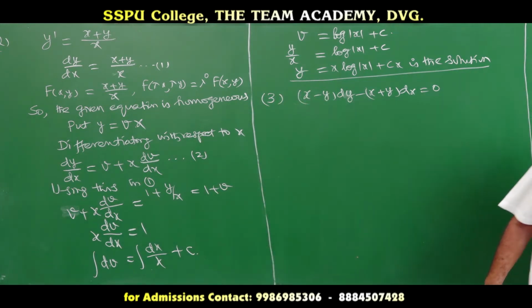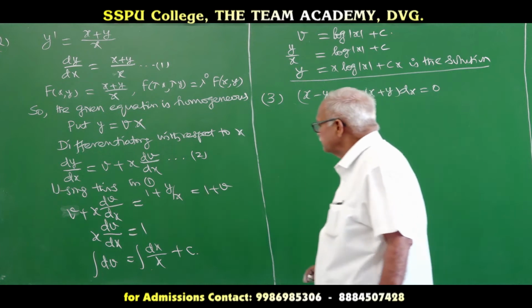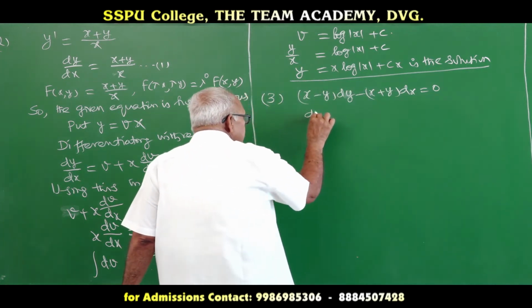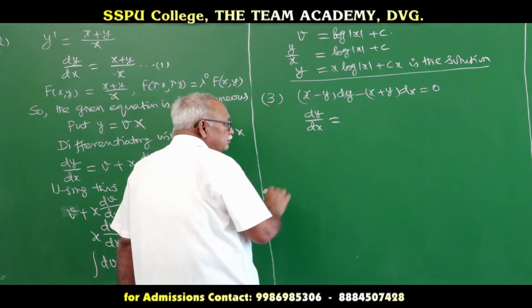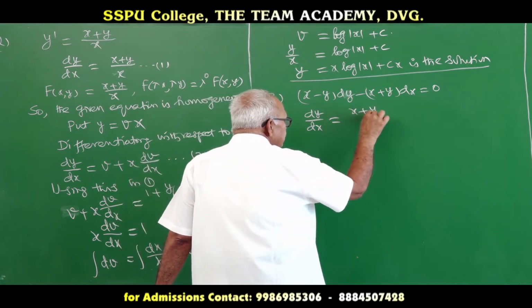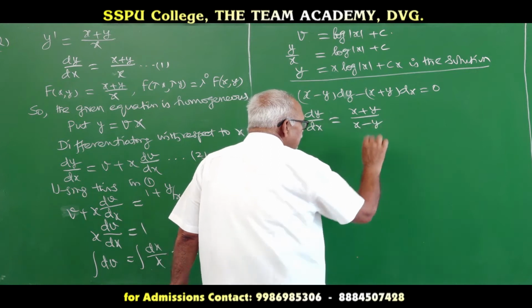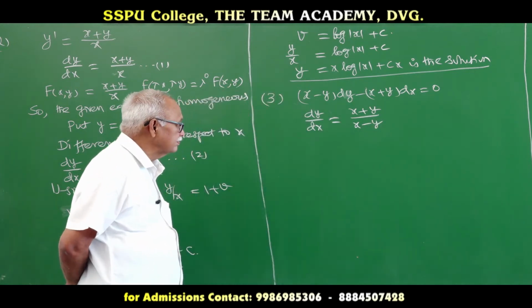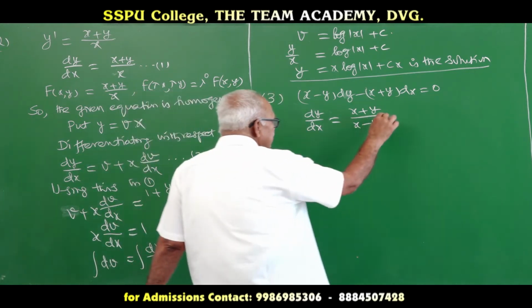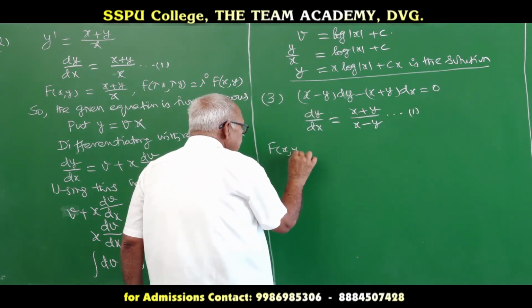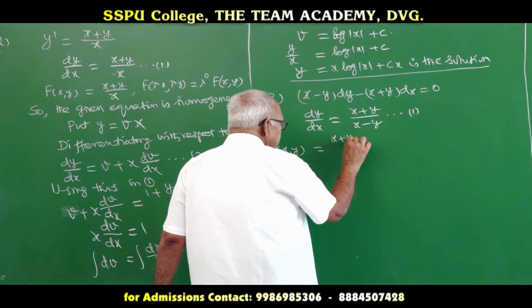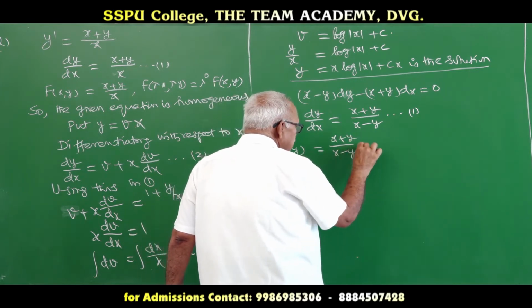First calculate dy by dx. What is dy by dx from this? dy by dx is equal to x plus y by x minus y. So, keep this as equation 1. This is f of x y, x plus y by x minus y.